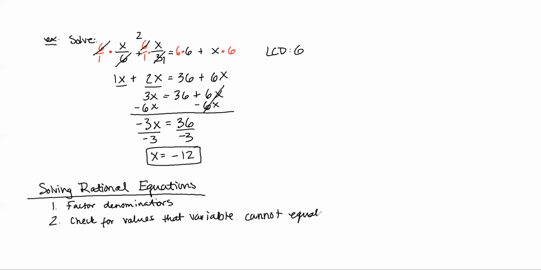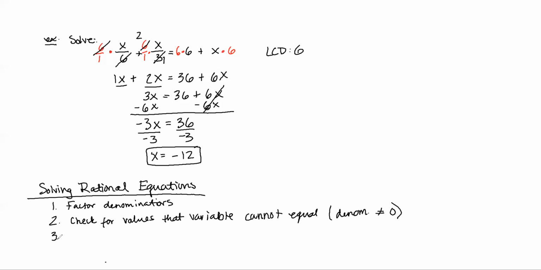So this goes back to that first section we did in 7.1. This is where we want to find what x cannot equal, because remember the denominator cannot equal 0. So we're going to be setting up an equation that's going to be the other difference between these rational equations and the original equations we were doing up here.